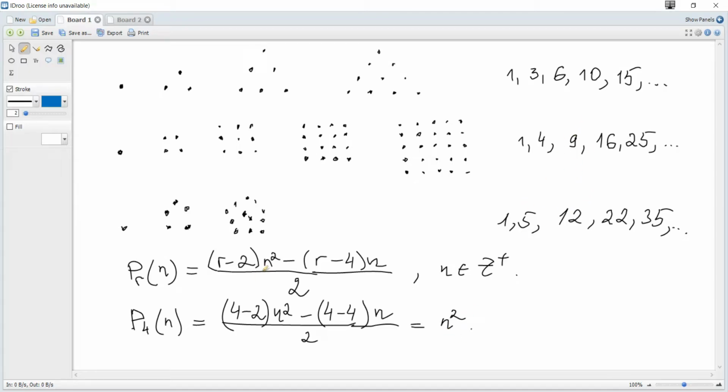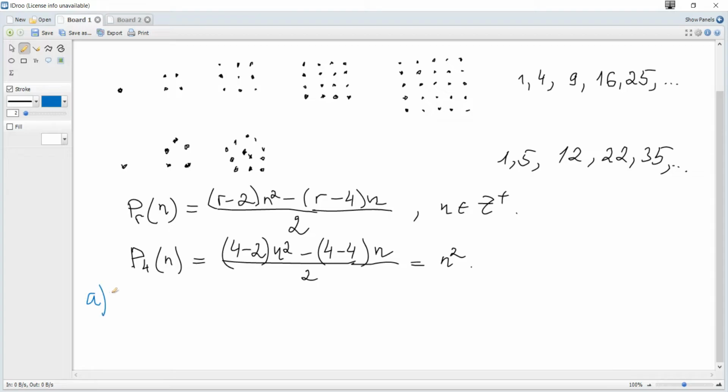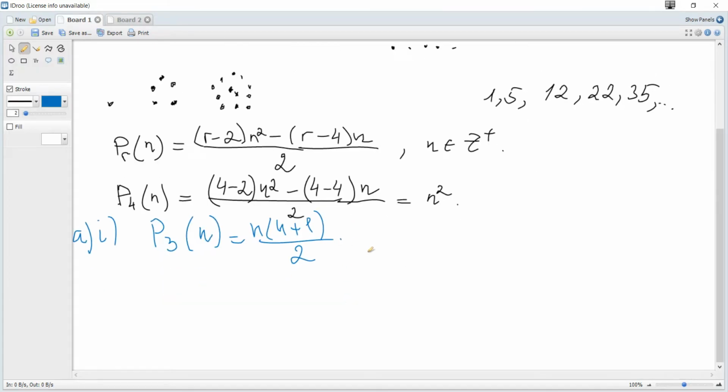Question a i, 2 marks. For triangular numbers, verify that P3 of n is n multiplied by n plus 1 over 2. We need to show this.